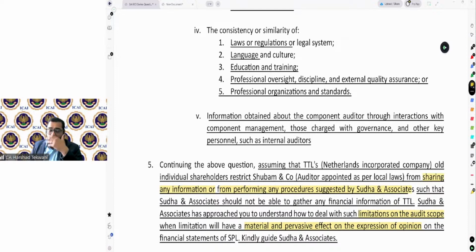This is not only related to this particular topic, but it will cover other topics also. Come on, guys.